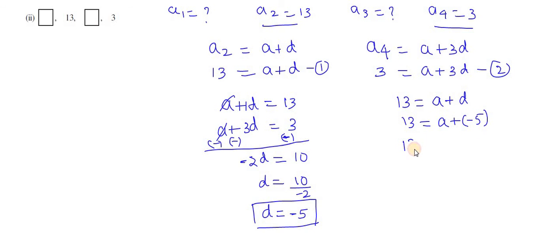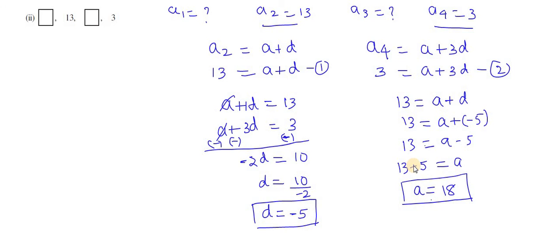So 13 is equal to A minus 5. When I transpose this side, you'll get 13 plus 5 is equal to A. So A is equal to what we got, that is 18. A value is 18. Okay, D value is minus 5, A value is 18.